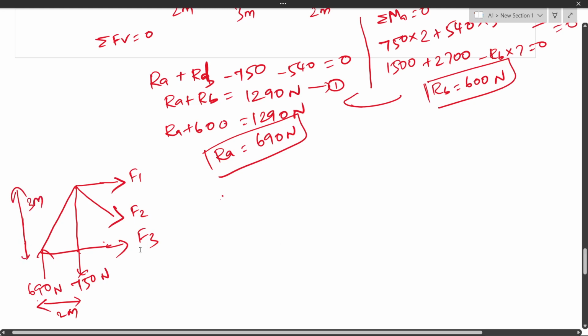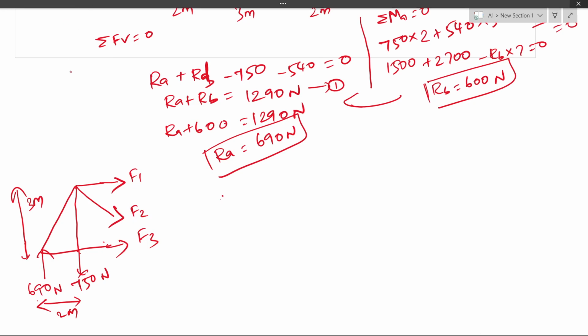F3 has only a component in the horizontal direction because it acts along the x-axis, same as F1. And F2 has two components, F2 sine theta and F2 cos theta.